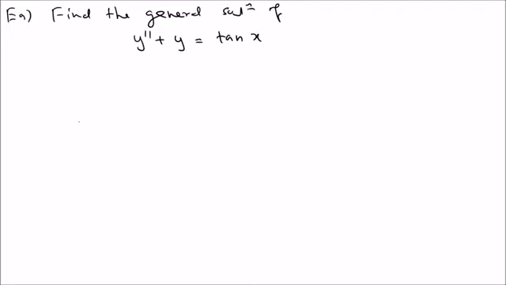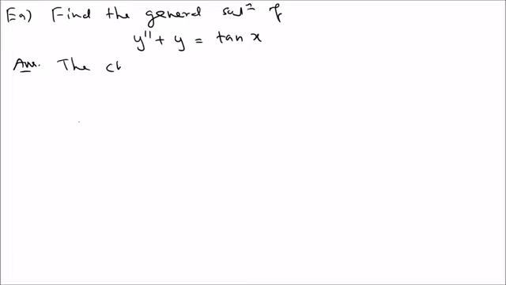If you have this equation, you cannot solve it using undetermined coefficients because tan doesn't work. So what we try to do is find the two linearly independent solutions of the homogeneous equation, which we can do very easily.